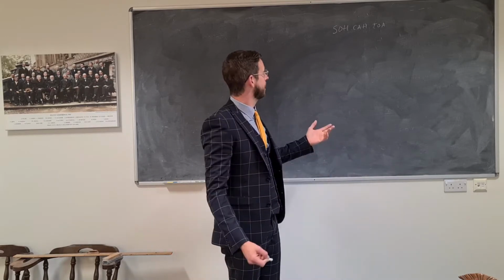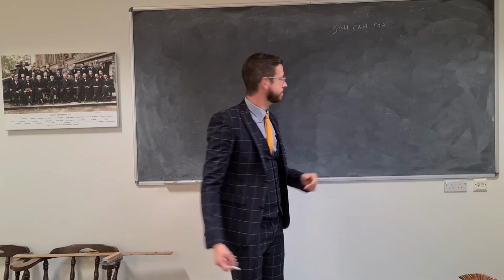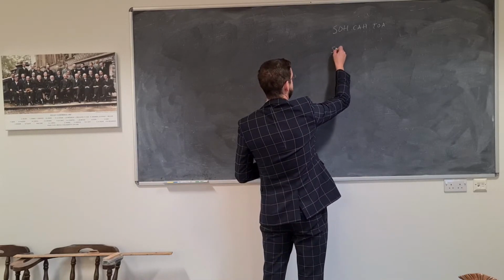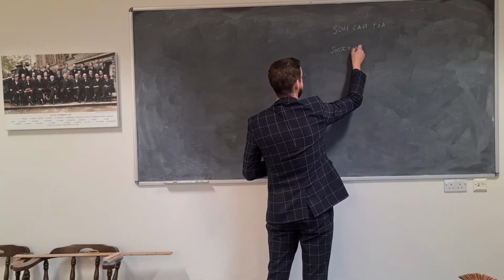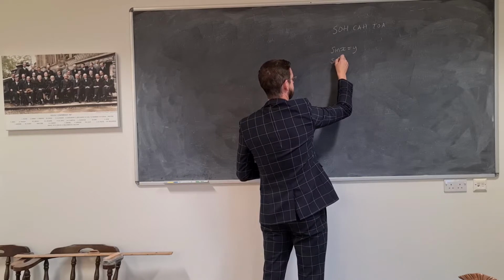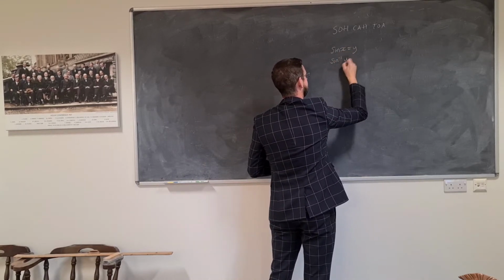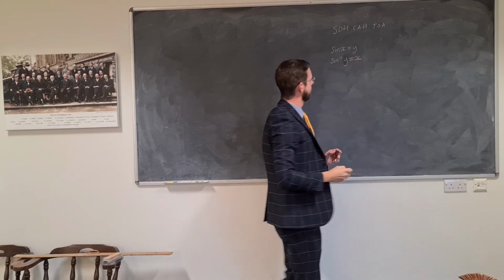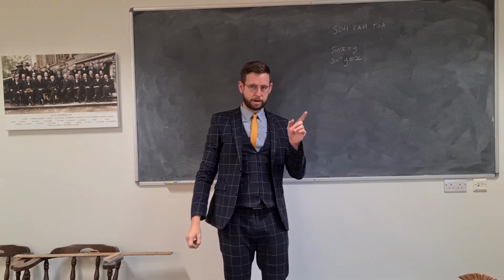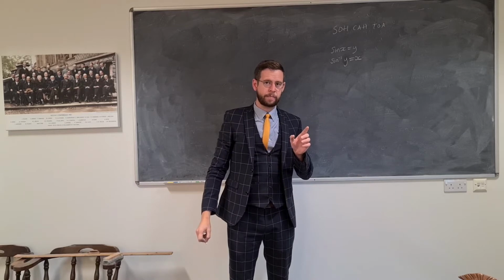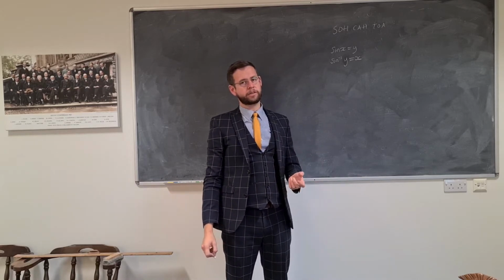So for example, if sine x equals y, then the inverse sine of y will give x. Now this notation, sine to the minus 1, was introduced by John Herschel.